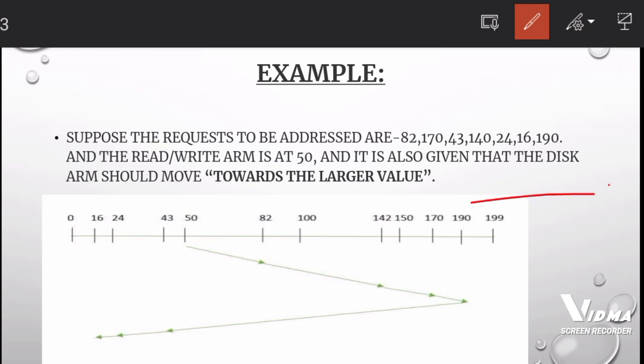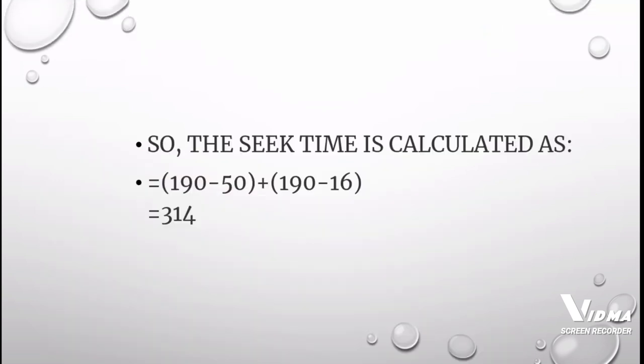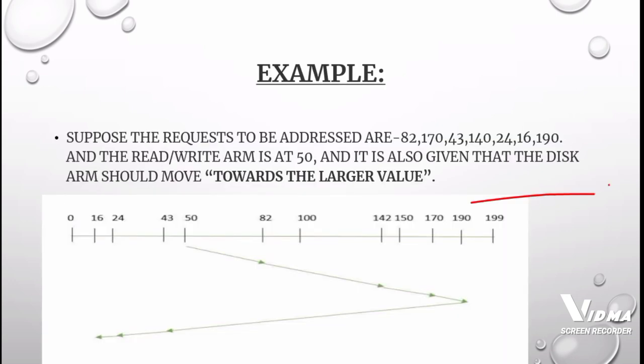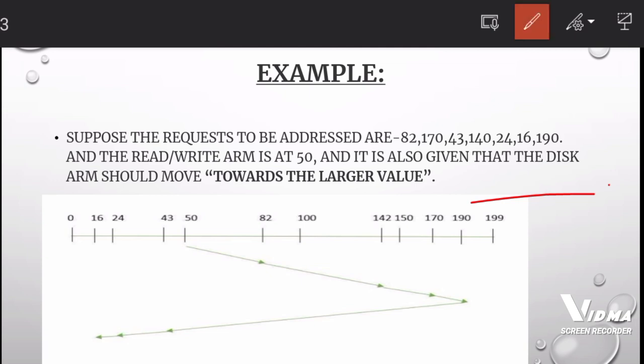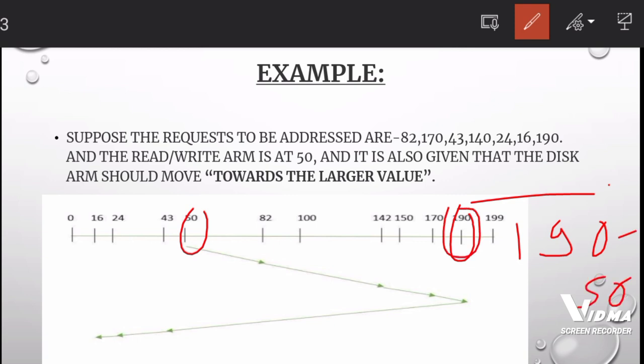Next, we will find the seek time of the LOOK algorithm, meaning 190 minus 50 plus 190 minus 16. The last one is 190, and to 50, so we will do 190 minus 50, and in the same way 190 minus 16.